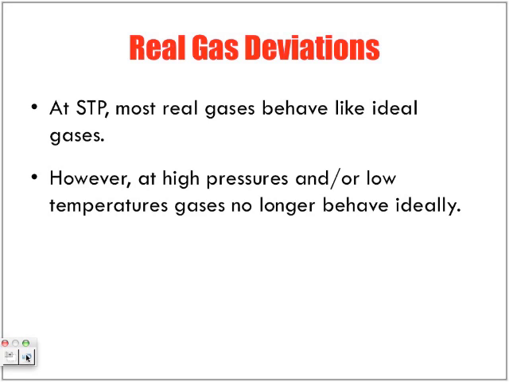The particles of the gas are always moving really quickly. As I lower the temperature, what happens to that kinetic motion? It slows down. And realistically, what does happen to that gas? Think elementary school, right? It turns to a liquid.